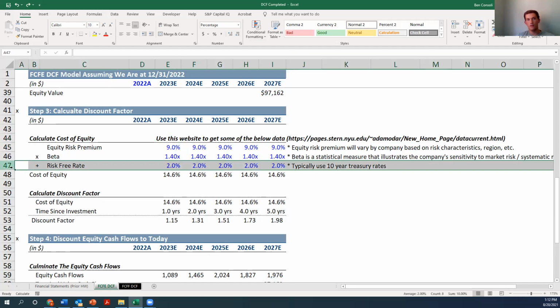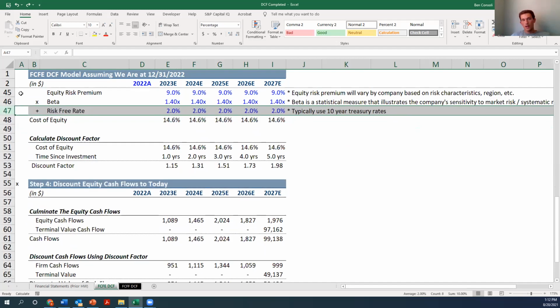The risk-free rate for basically all domestic companies is going to be the same, since risk-free cash flow is the same no matter what company you're looking at. And then the equity risk premium is obviously going to change as well as the data. Sorry, I take that back.